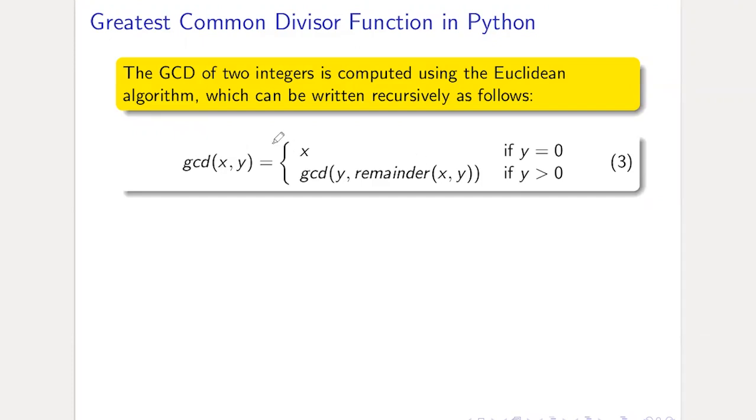The base case, the terminating case, is when the second value is 0. Always remember when we pass on the values for the Euclidean algorithm, we have the x value greater than y.